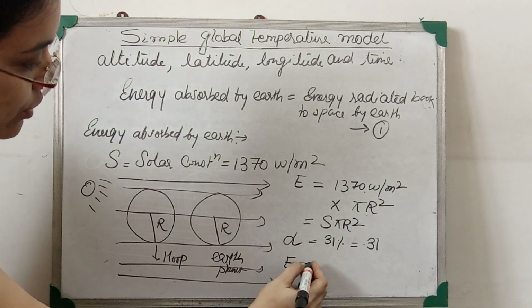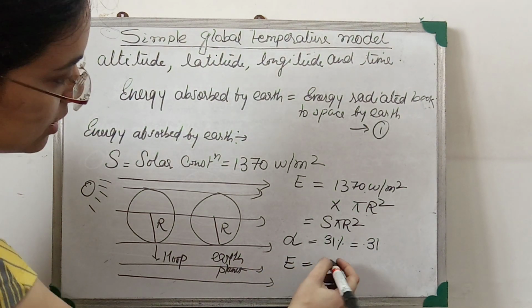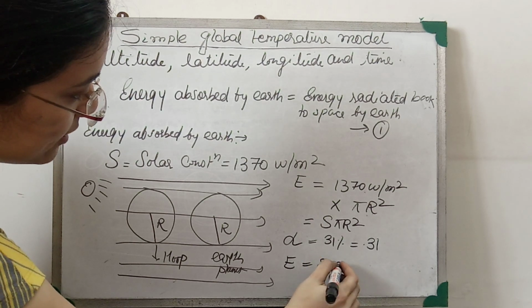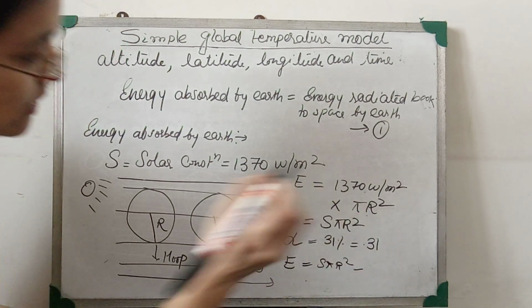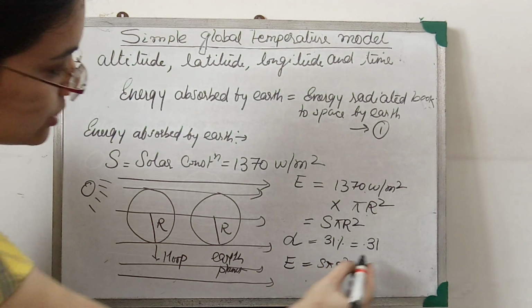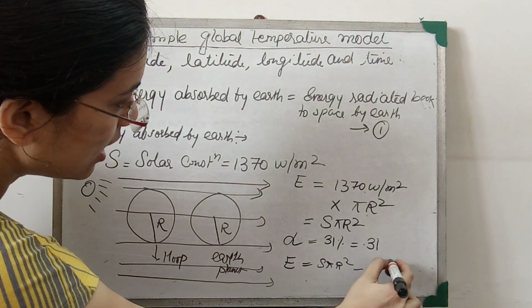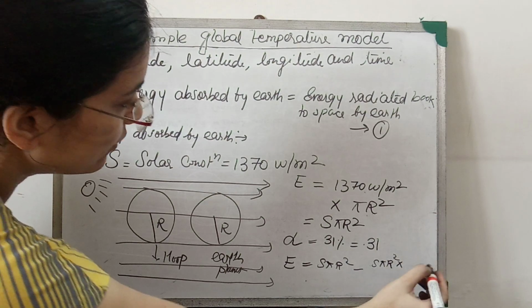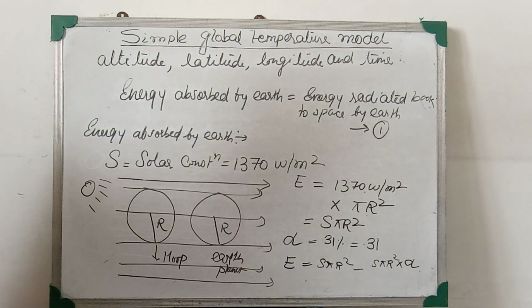So the actual amount of energy must be S pi r square, and the quantity must be deducted from S pi r square, because a fraction of it is actually reflected back. So how much? It is alpha. This is a fraction. So S pi r square, and alpha fraction of it, is actually reflected back and must be deducted from the total energy absorbed by the Earth planet.